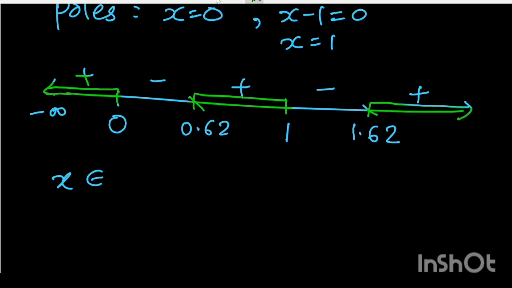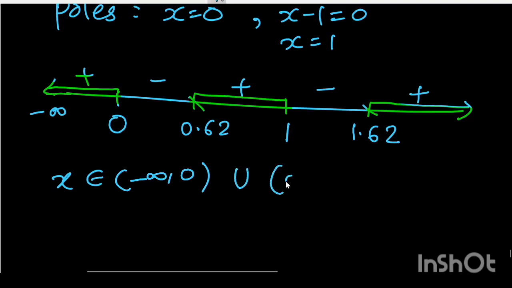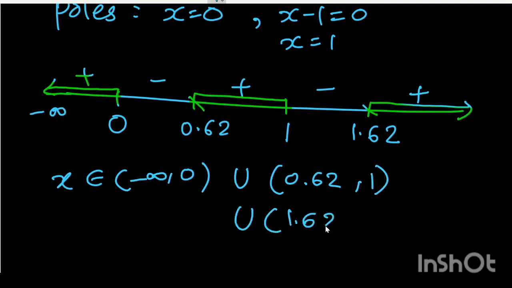So that we can write as our final answer: minus infinity to 0 union 0.62 to 1 union 1.62 to infinity.